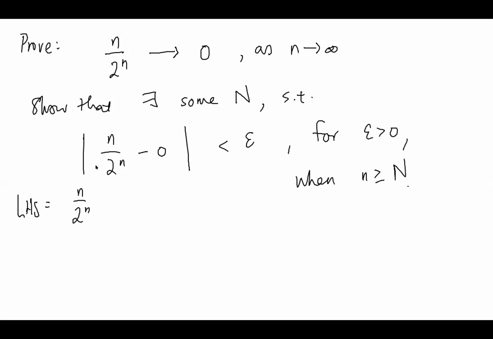I can take away the absolute value because this is definitely always positive. All right. Now the trick here is to try to find some kind of bound for this thing. If you directly bound it like this, which you can do, you will find that you have difficulty expressing n in terms of epsilon, right? So this is not very satisfactory, and therefore you have to find some bound here. But what is it?